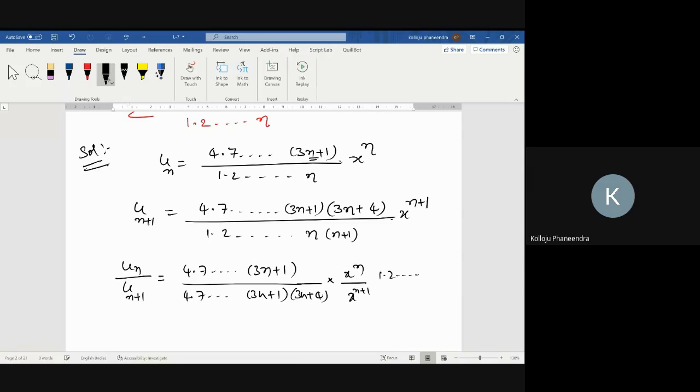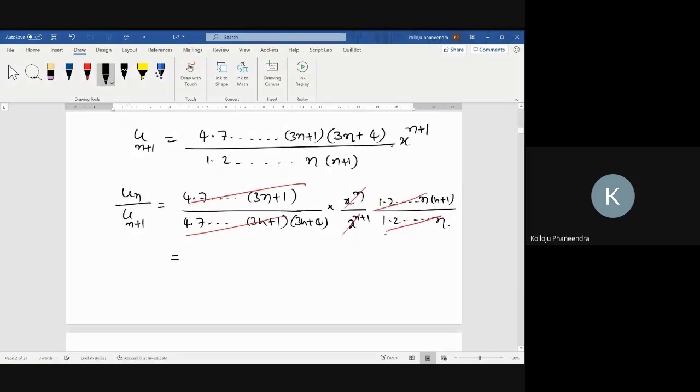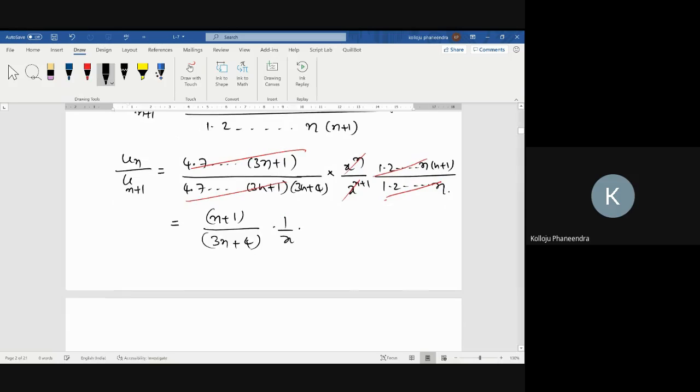The 1 into 2 into up to n comes to the numerator. So the cancel terms are this one and up to n, and x power n gets cancelled. The remaining terms are n plus 1 in the numerator by 3n plus 4, and 1 over x, right?